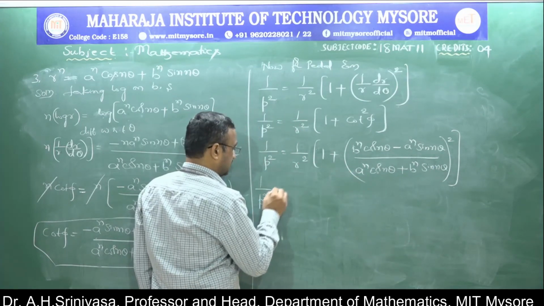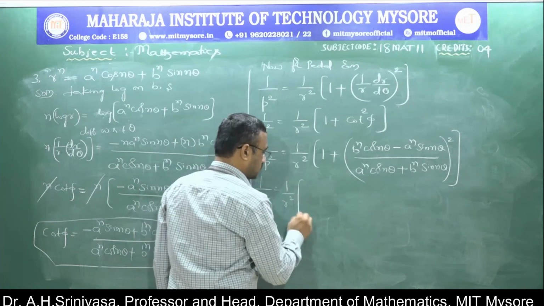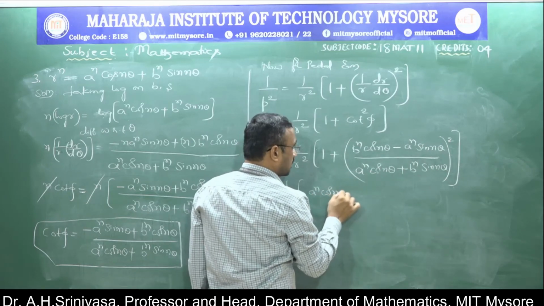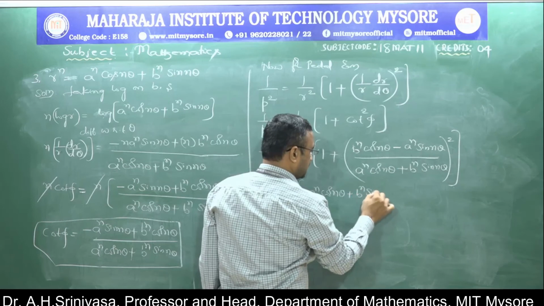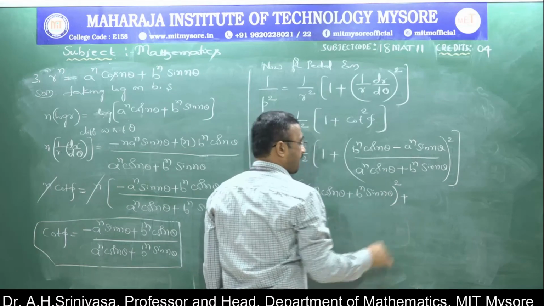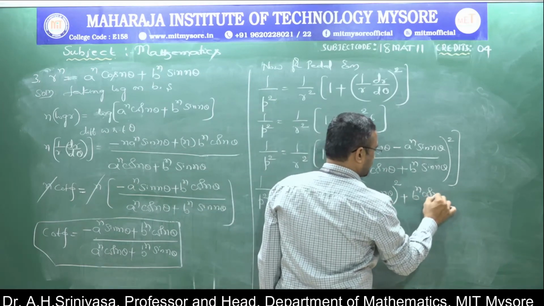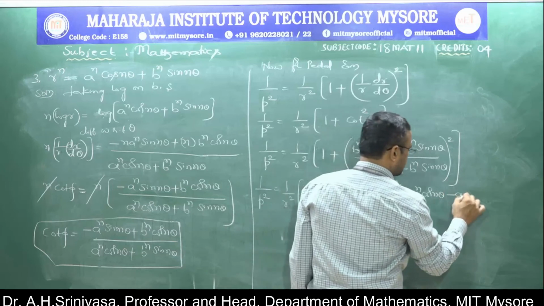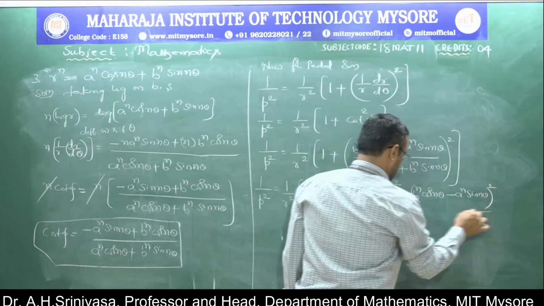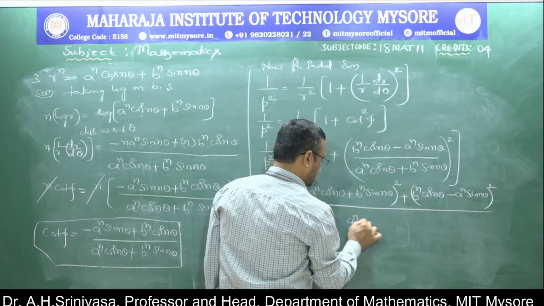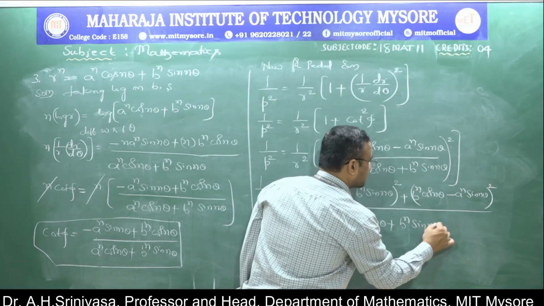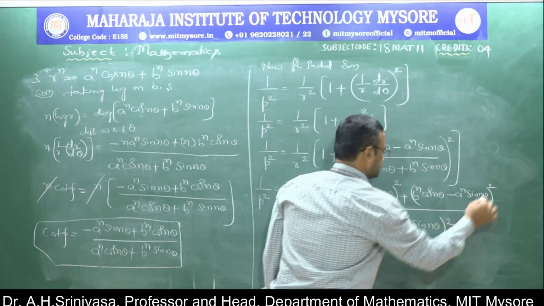1 by p square equal to 1 by r square into, now take an LCM by applying this, a power n cos n theta plus b power n sin n theta whole square plus b power n cos n theta minus a power n sin n theta whole square, then whole divided by a power n cos n theta plus b power n sin n theta whole square.